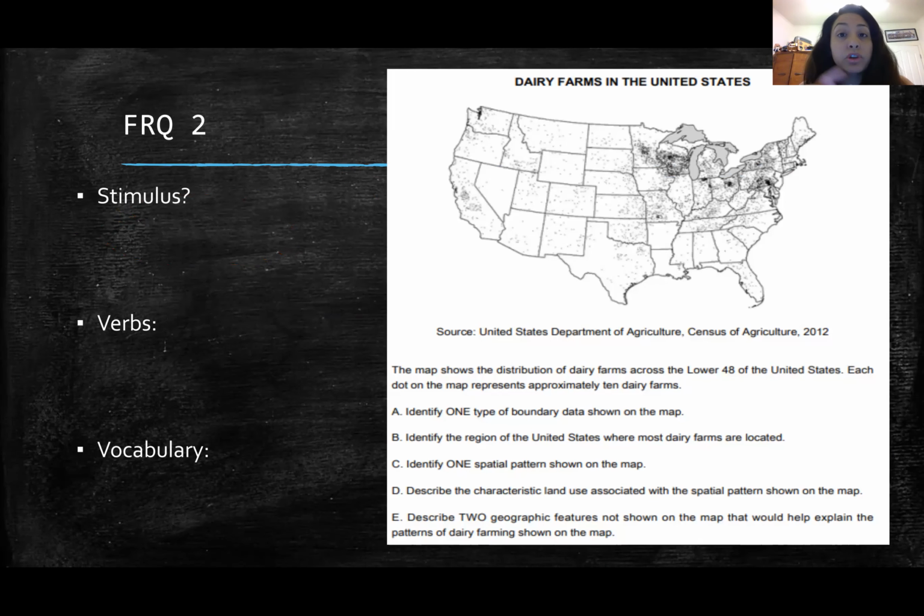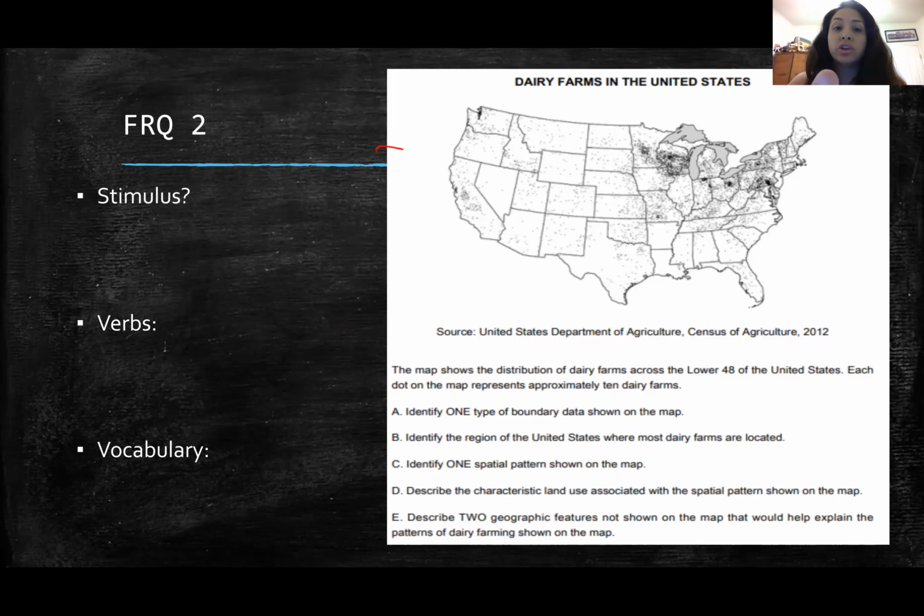All right, for FRQ. So FRQ number 2, FRQ 2 out of 3. We're pretty good. You've got dairy farms in the United States, and you have a regional map of the US as a whole. So in your Unit 1 review, we're talking about how you should look at things in terms of scale. You can look at things globally, locally, regionally.